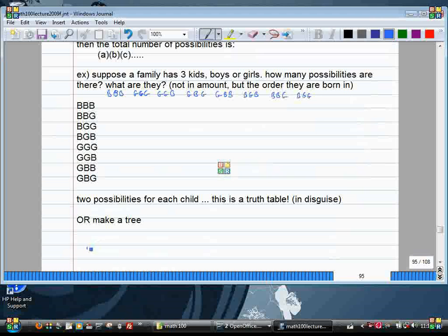And what goes on each fork? What goes on the top fork? Sorry? Boy. And on the bottom? Girl. Okay. Now on the boy, how does that split? How many branches do I draw off of the boy? And what are they? Sorry? What could happen next?